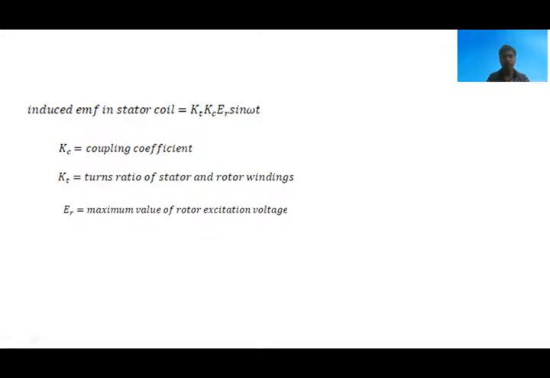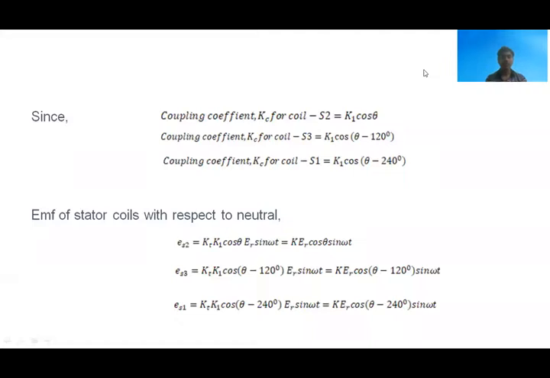Let us assume the secondary winding S2 is the reference vector. Then the flux induced in the stator winding S2 is maximum when theta is equal to 0, and the flux induced in the stator winding S2 is 0 when theta is equal to 90 degrees.